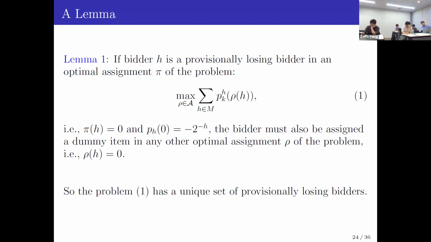So in a sense this problem has a unique set of provisionally losing bidders. So this gives you a nice property.